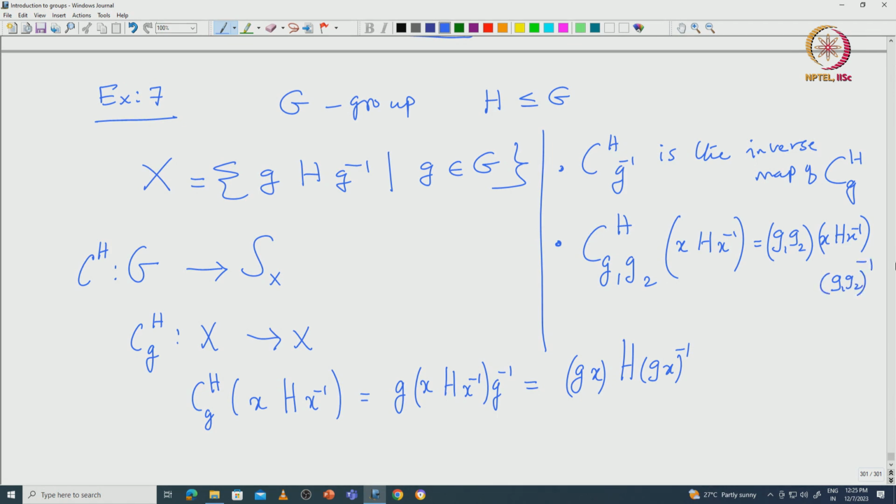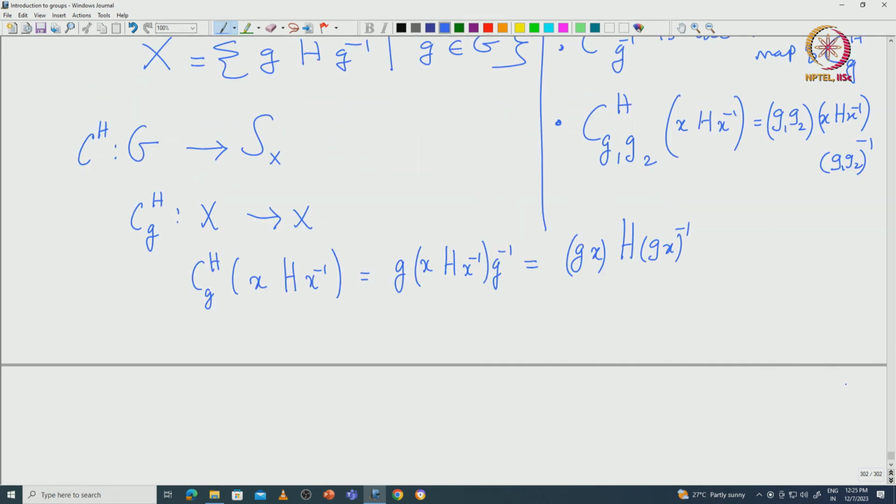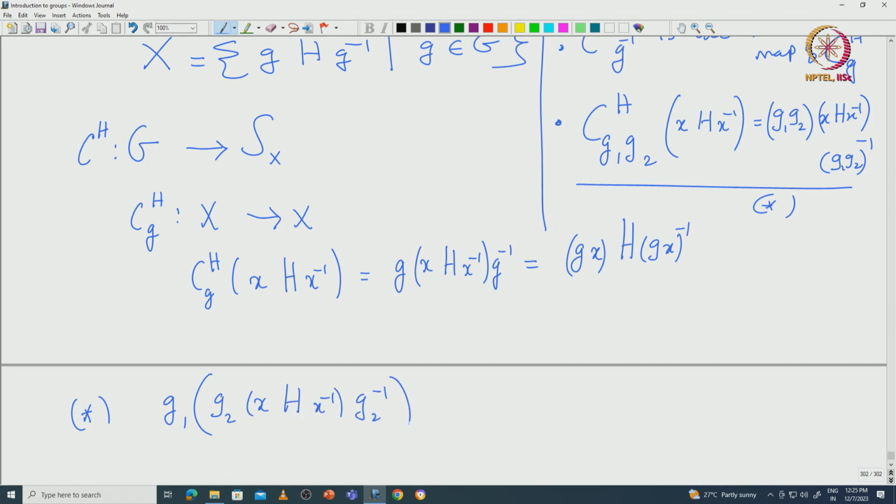But if you rewrite this, you get g1 applied on g2 xHx inverse g2 inverse, g1 inverse, which is the same as saying you apply first C_{g2} on xHx inverse, and then apply C_{g1} on that.